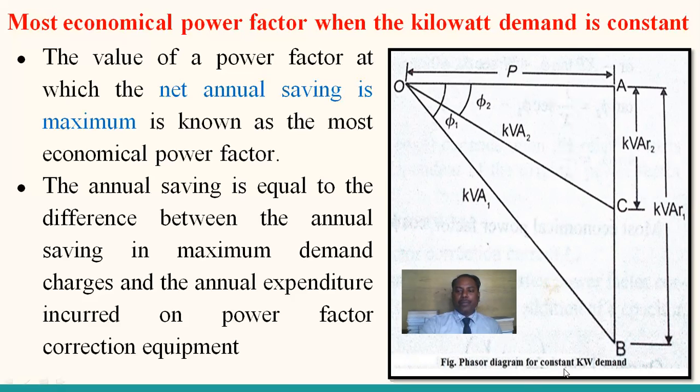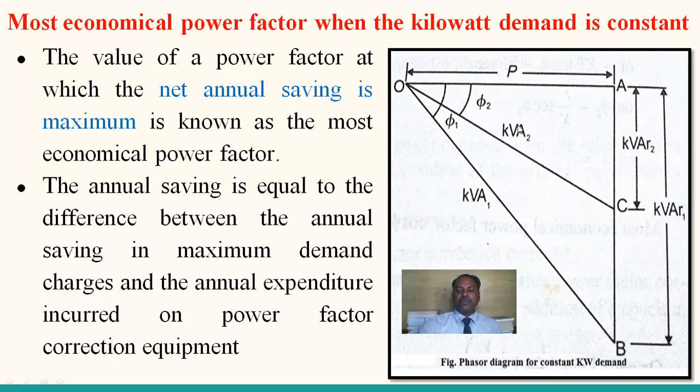The phasor diagram for constant kilowatt demand. The initial system is P, kVAR1, kVA1, and the updated system due to the power factor correction equipment is P, kVAR2, and kVA2. Now the power factor is defined as real power by kVA2.